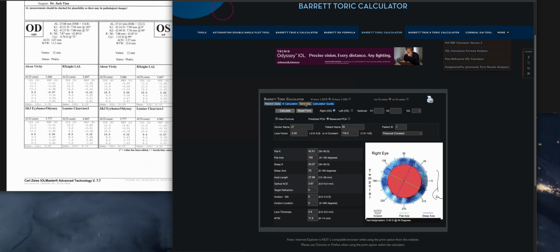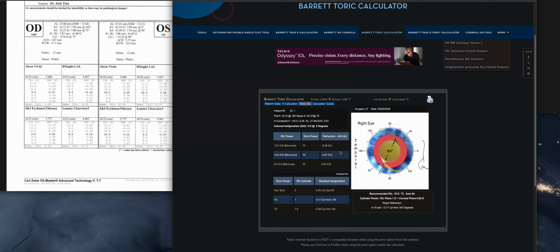Got that. Okay, toric IOL. Yeah, for this patient, a long eye means less power needed for the lens. So you see 10. The first minus, perfect. That's the one we want. It's saying that the T2 is the better lens to pick. We don't have a T2, so I think we'll go with non-toric here.